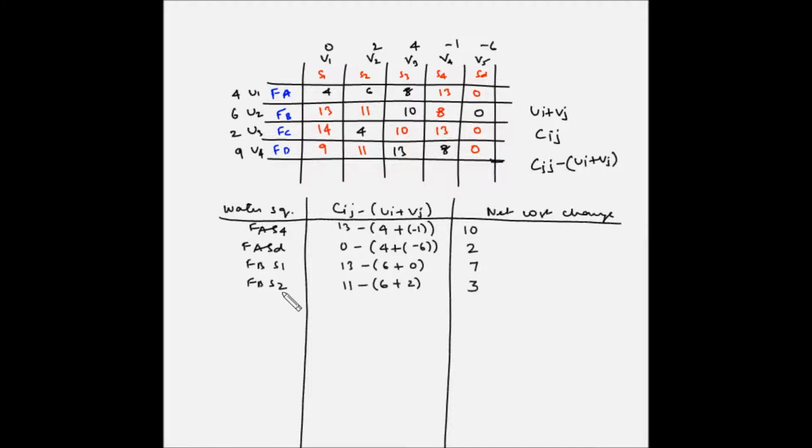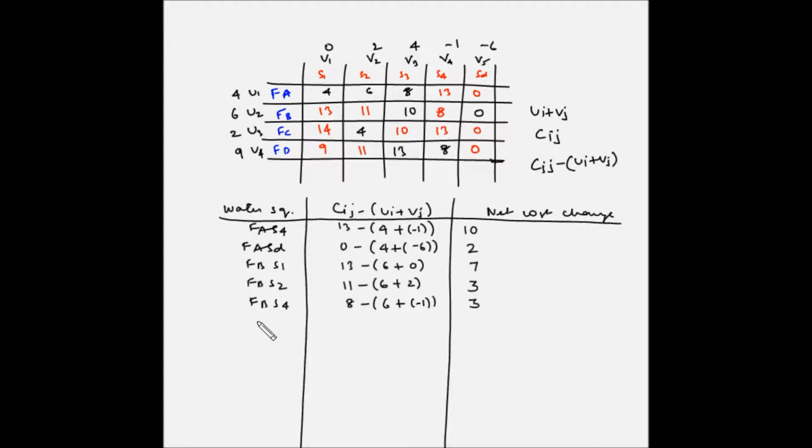The next water square is F-B-S4, cij is 8, ui is 6, and vj is minus 1. 6 minus 1 is 5, 8 minus 5 is 3.